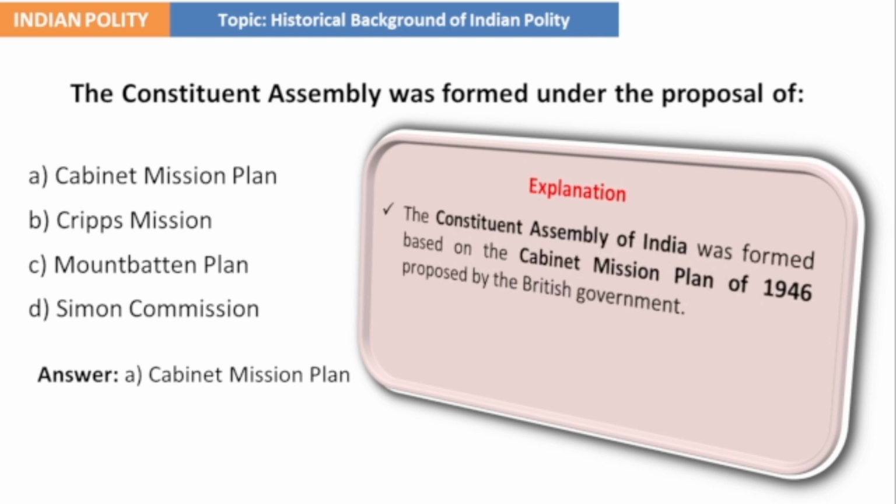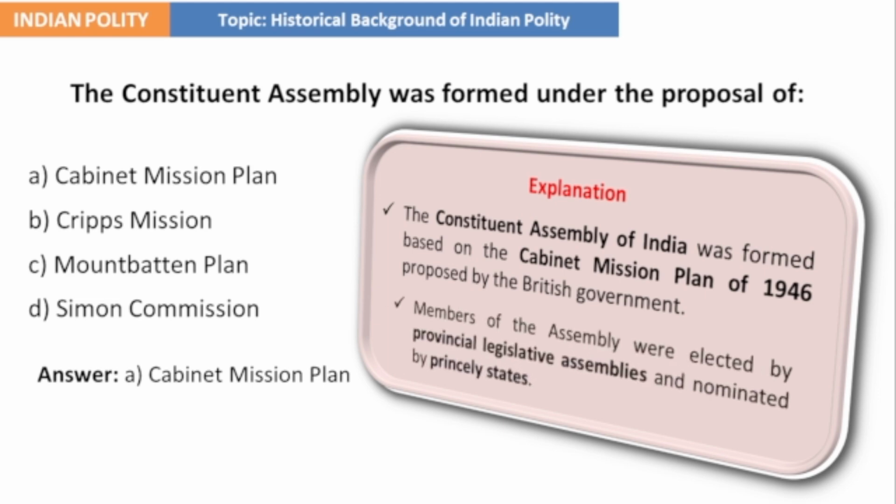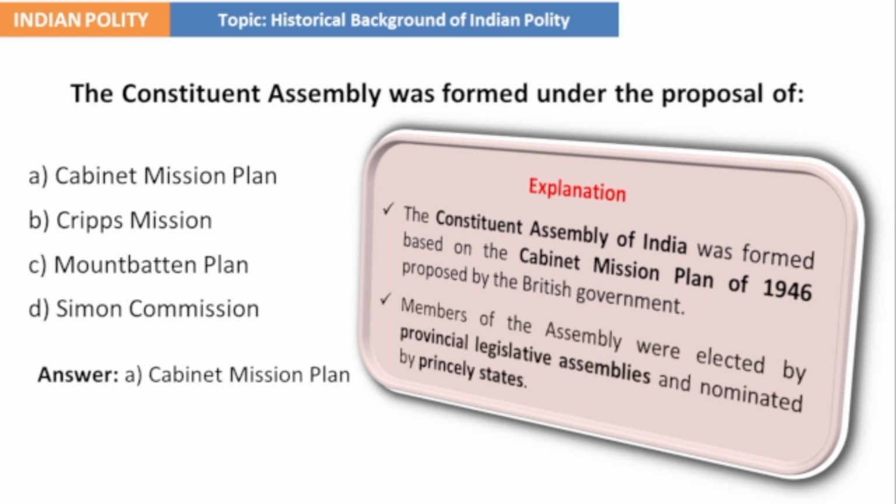The Constituent Assembly of India was formed based on the Cabinet Mission Plan of 1946, proposed by the British government. Members of the Assembly were elected by provincial legislative assemblies and nominated by princely states.